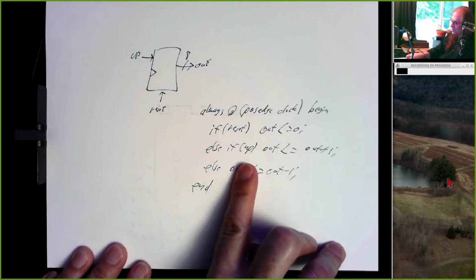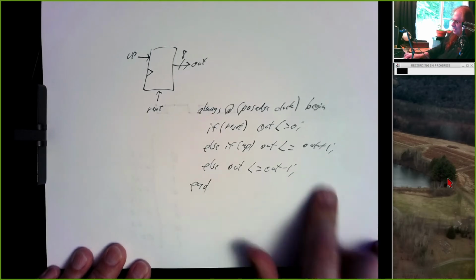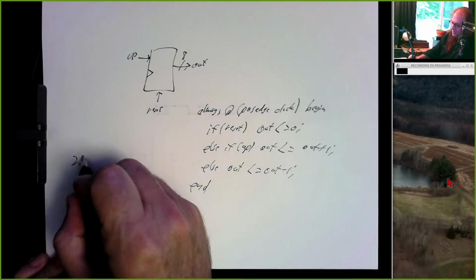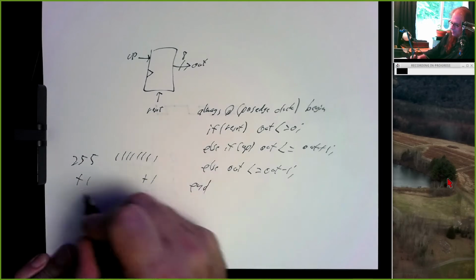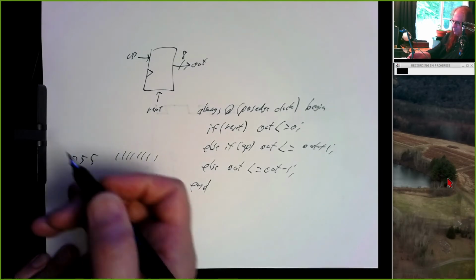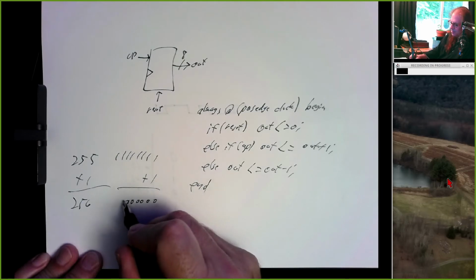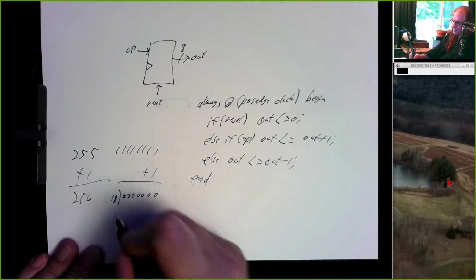So if up is asserted, then set out equal to out plus 1. And since out is an 8-bit register, if you count up to 255, which looks like this, well, we would come up with 256 in binary. We would come up with 8 zeros with a carry out of 1.